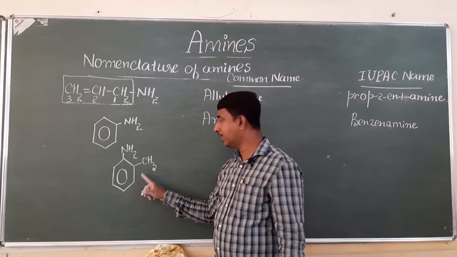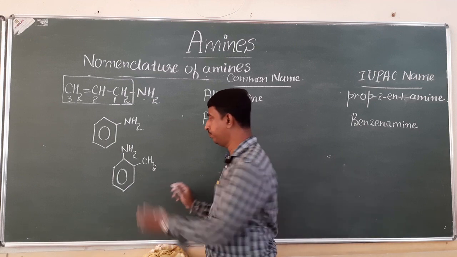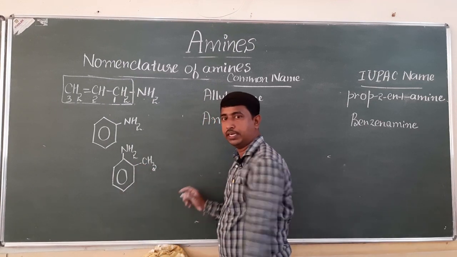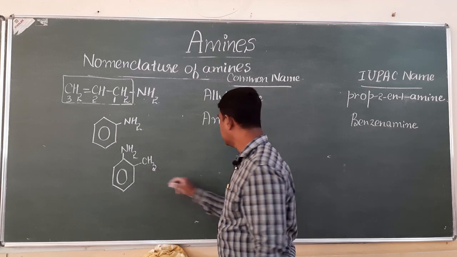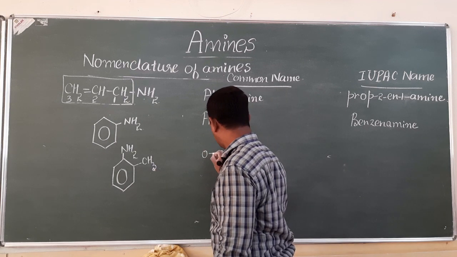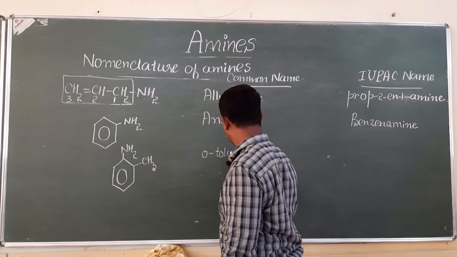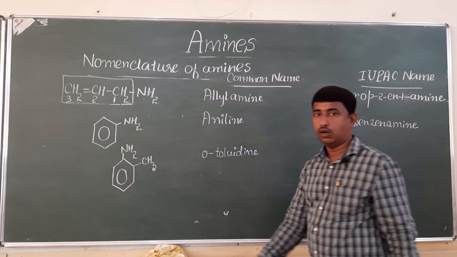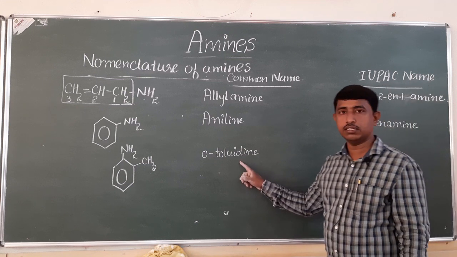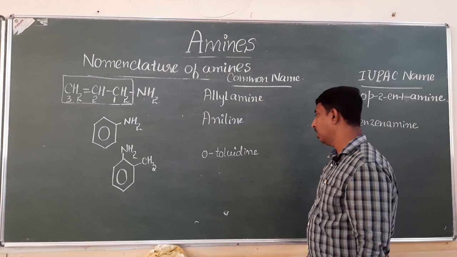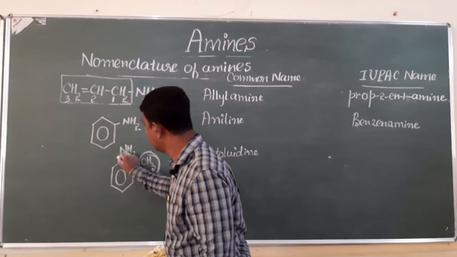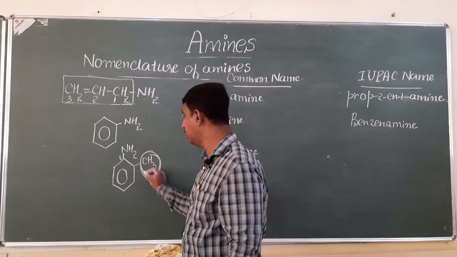This is aniline containing a substituent group, that is a methyl group. This compound is called orthotoluidine. Orthotoluidine is the common name. IUPAC name: see, this is the substituent group. The functional group should get the least number, carbon number 1.